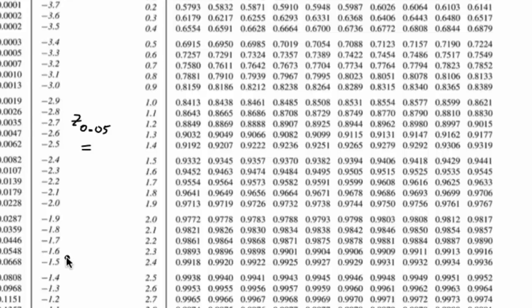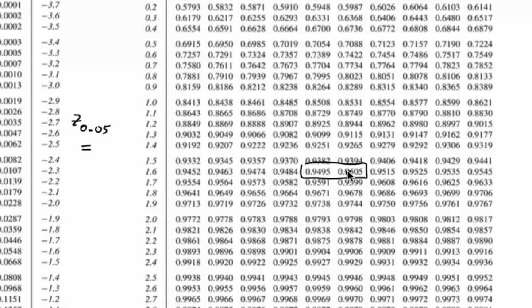And where is it? Let's see it. I'm not seeing 0.82. Here. 0, 1, 2, 3.